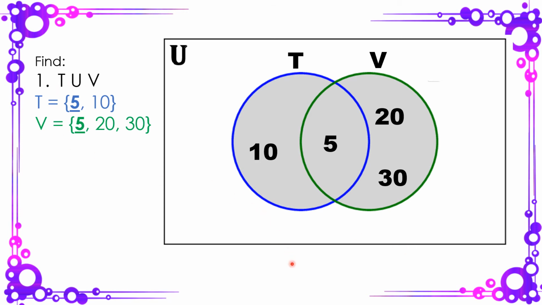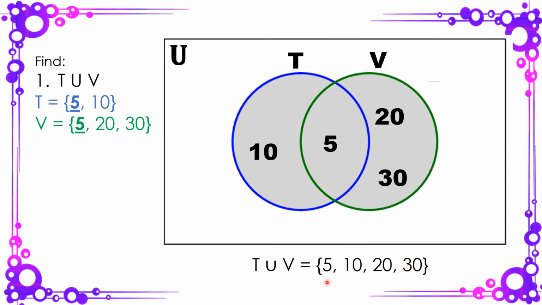And if we are going to write all the answer, T union V is equal to 5, 10, 20, and 30.